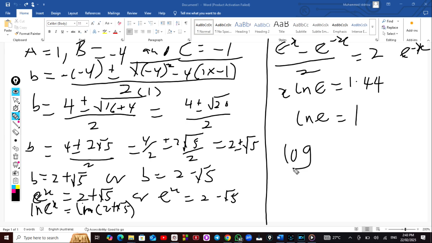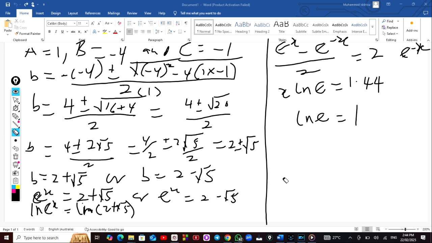The natural log is just like log to the base e. If I don't want to write log e to the base e, I can just write it as ln e. You can see that the base is the same, so it is equal to 1, just like the logarithm of a base a to the base a, which is 1. You have to understand this before you can apply it here. So ln e is 1.